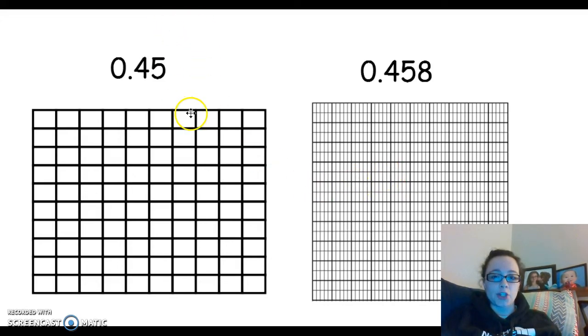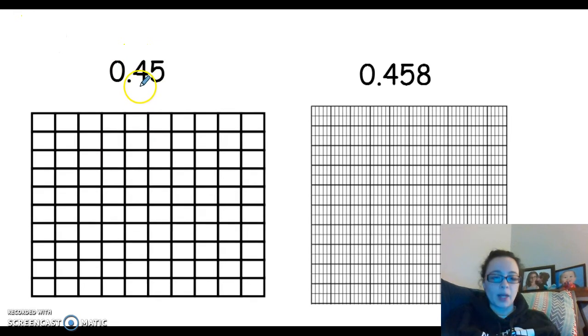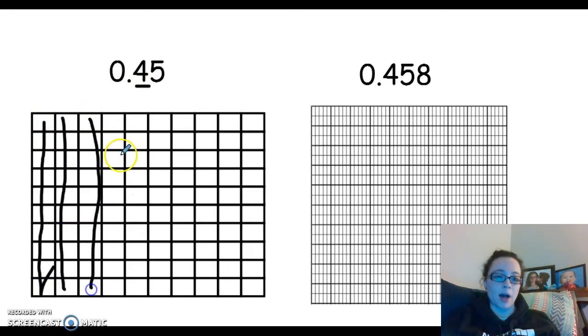Let's take a minute and shade both grids. Think to yourself, how could we shade 45 hundredths on this grid? How many tenths are in this number? 4. 4 tenths means I'm shading 4 columns within my hundredths grid.